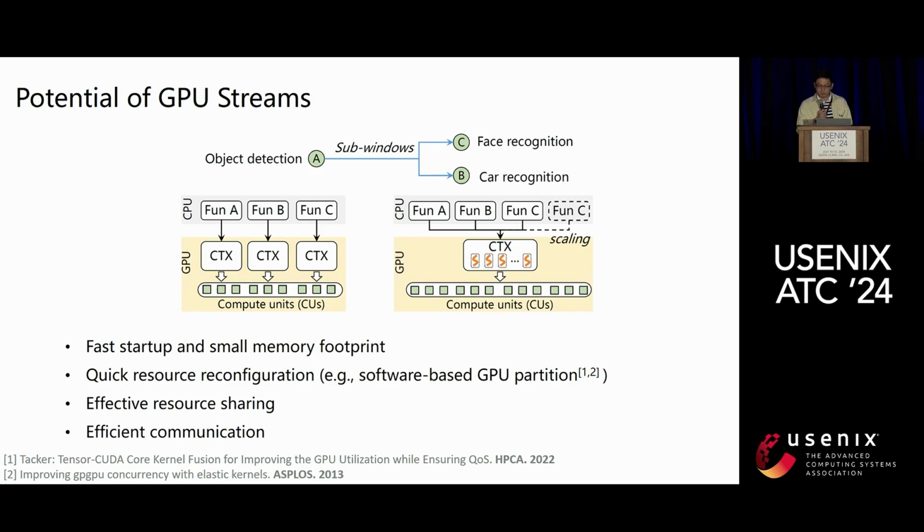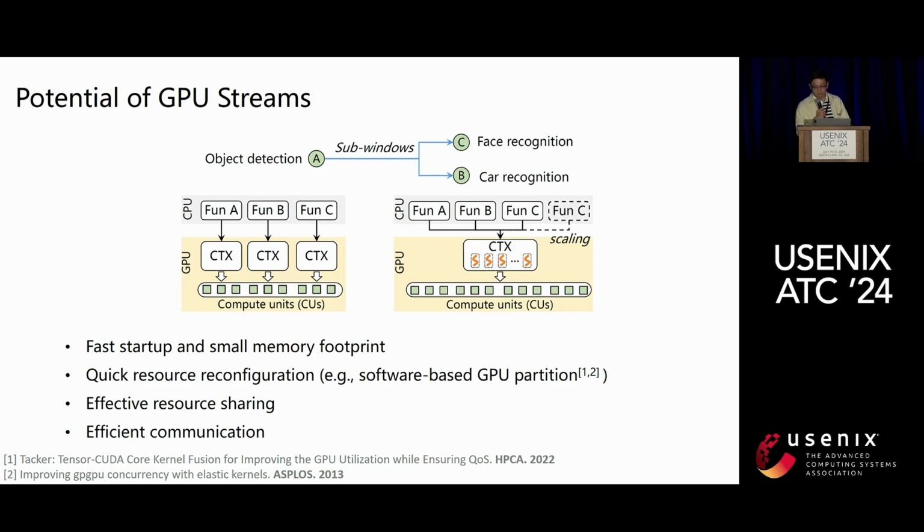Streams offer several benefits. First, faster startup and low memory footprint. There's no need to initialize a separate GPU runtime for each function. And second, faster resource reallocation. GPU resource partitioning across streams can be done at the software level without reinitializing the GPU runtime, as required by NVIDIA MPS.